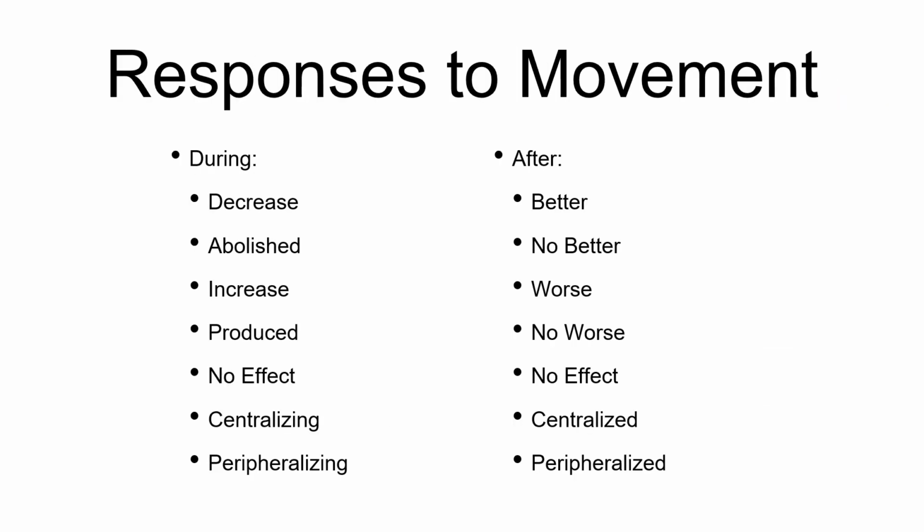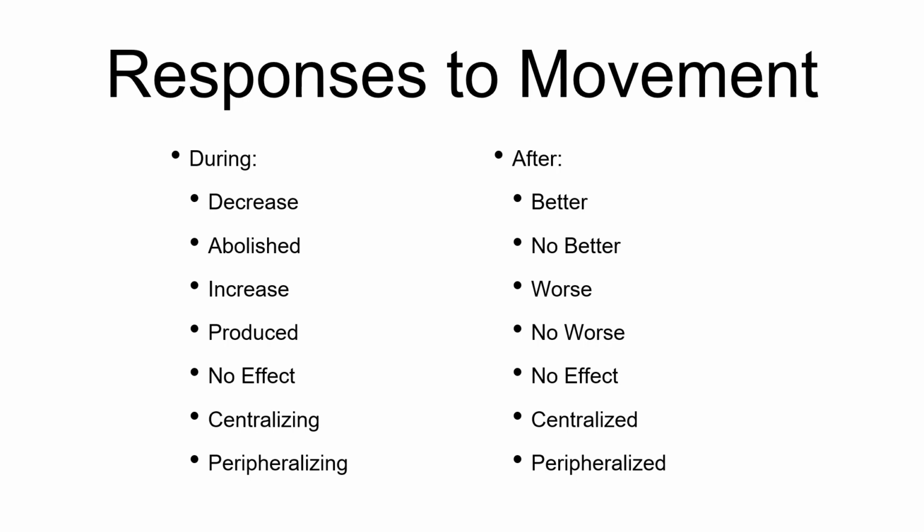It's important to review the responses to movement that could occur as we repeat movements during our lumbar spine examination, especially those with respect to flexion and extension. And really what we're looking for during the movement are these descriptors that the symptoms have either decreased or potentially abolished or potentially have centralized. And then hopefully after, we see an individual who says that my symptoms are now better and they have in fact centralized.